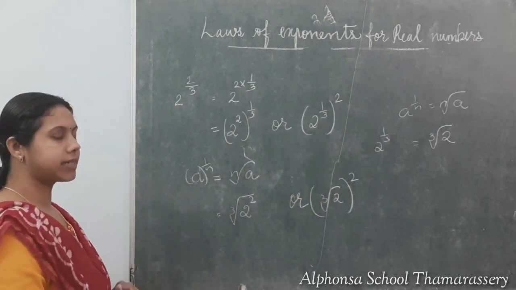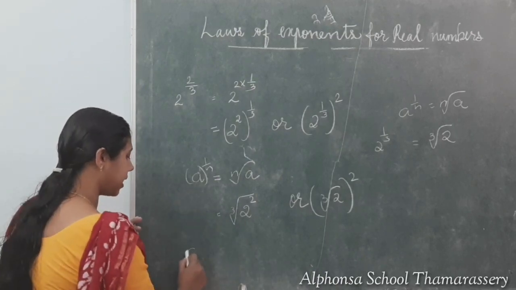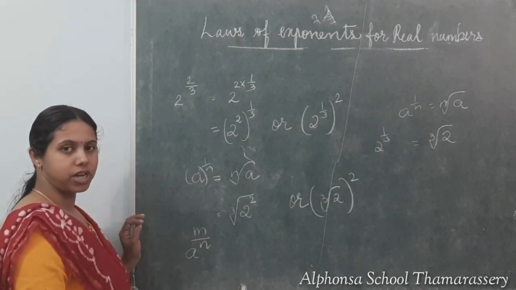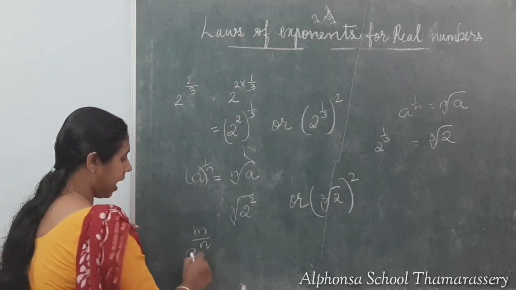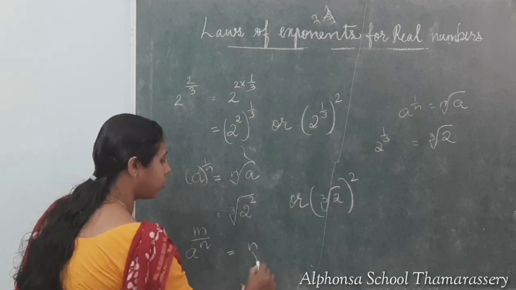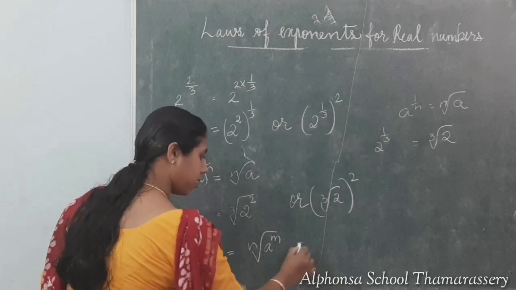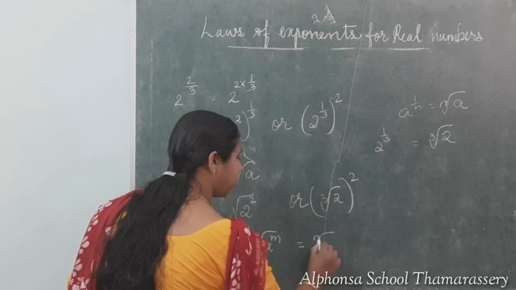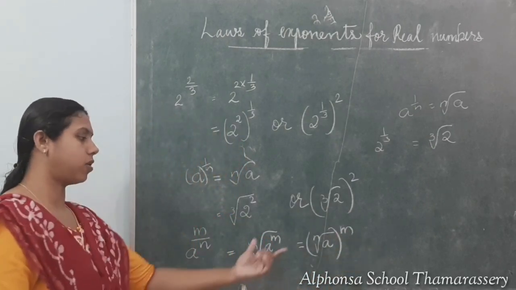So from all these examples, we understood that let A be a real number and M and N are positive integers. Then A raised to M by N is equal to nth root of A raised to M, or that's also equal to nth root of A whole raised to M. We can write this in both ways.